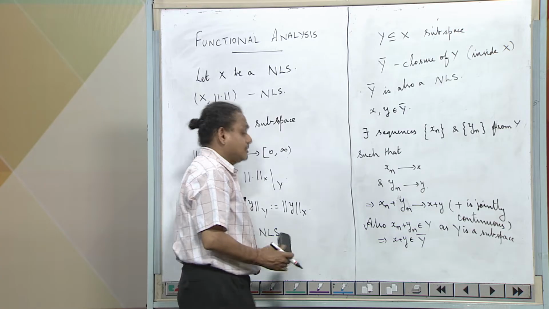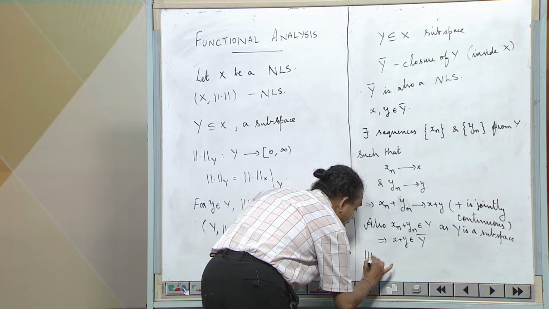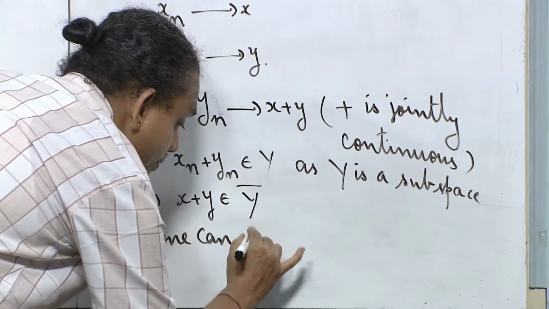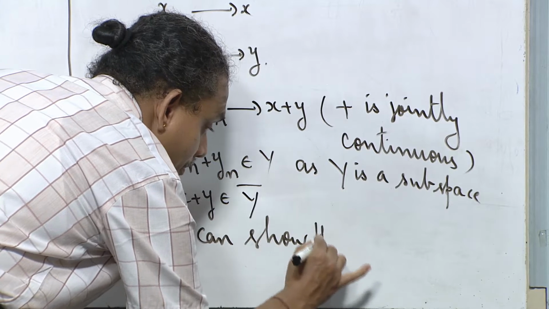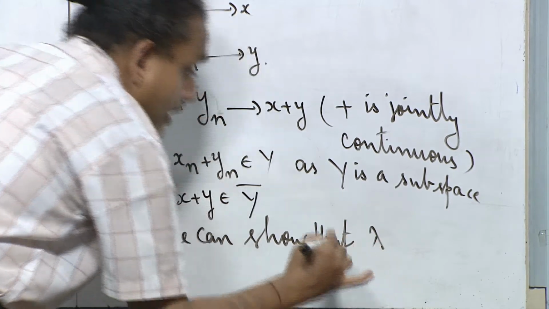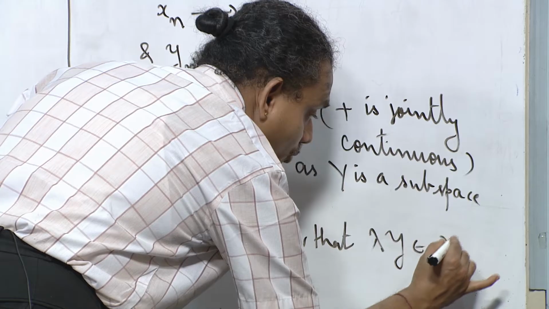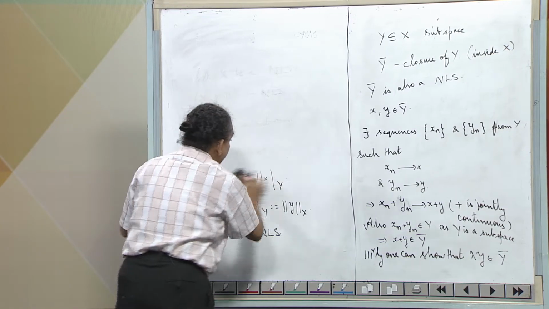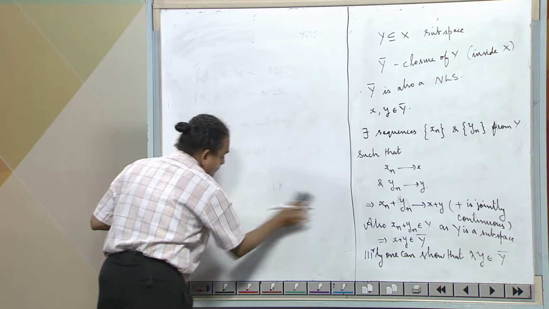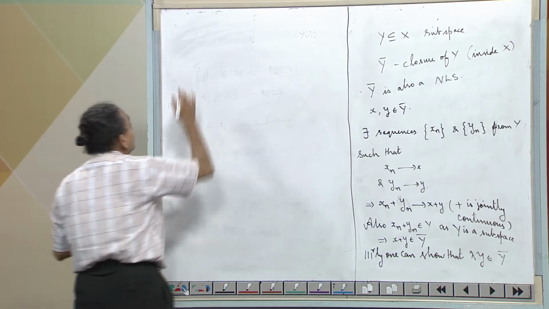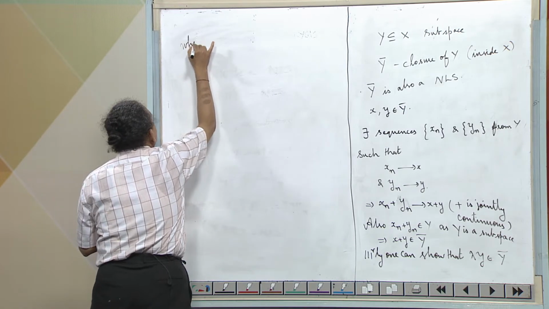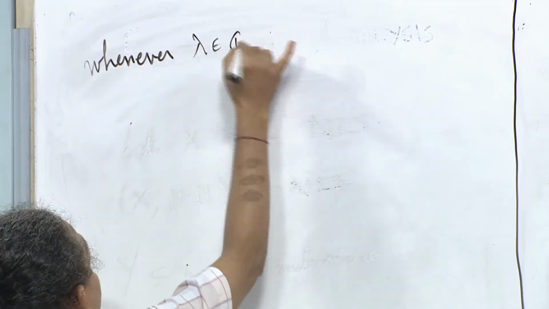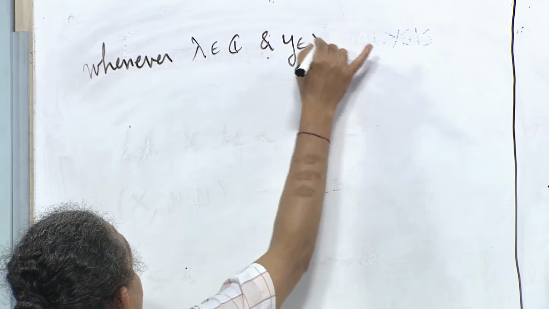In a similar fashion, one can show that lambda y belongs to Y closure whenever lambda is a scalar and y comes from Y closure.